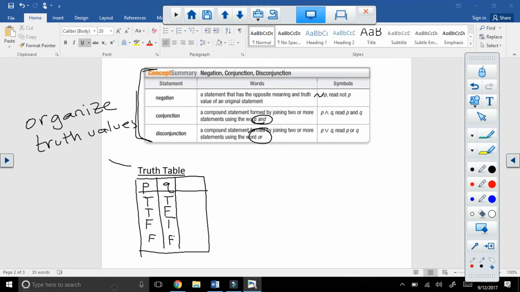And those are really our only possibilities. There's not any other ways of having statements when you have them be true or false. So the beginning of your truth table will always look like this, with the exception of maybe you have R and S or any other letters like that. So I'll just write: always begin truth tables like this.